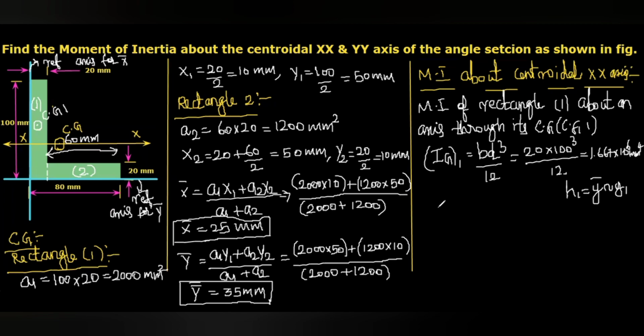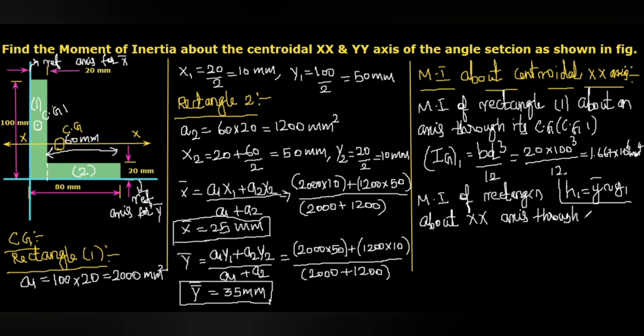Okay, so moment of inertia of rectangle 1 about the XX axis, which passes through the center of gravity of the whole section, that is CG.